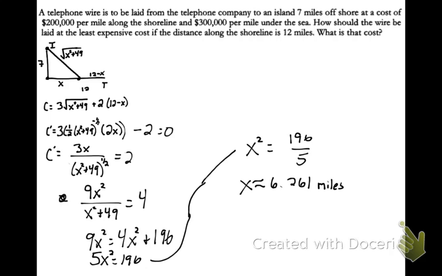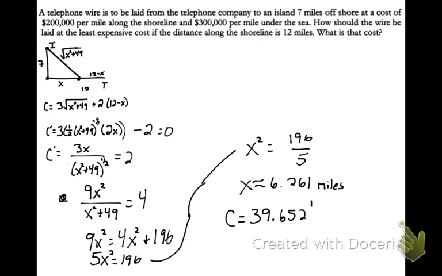And the cost will end up being, when I substitute 6.261 into my cost function, about 39.652. Remember that I had used 3 and 2, and those were hundreds of thousands of dollars.